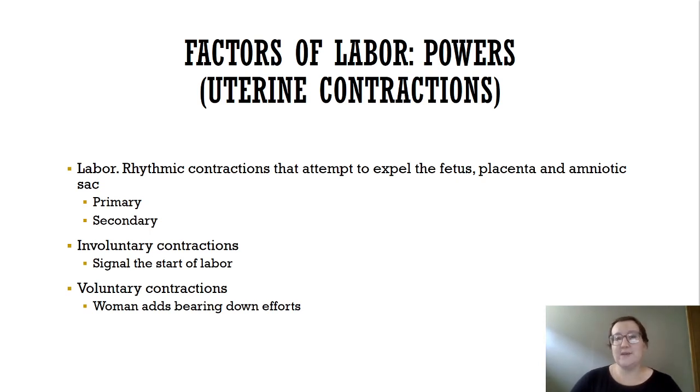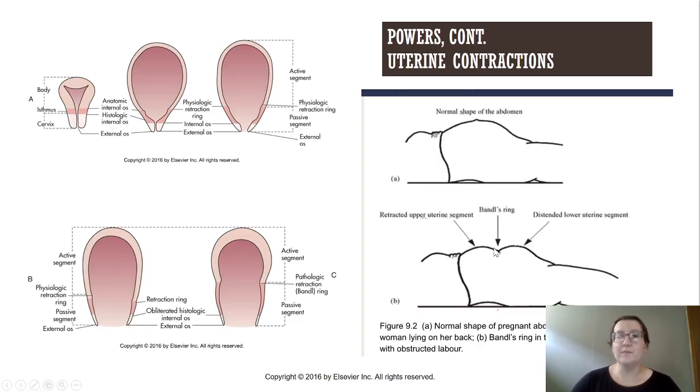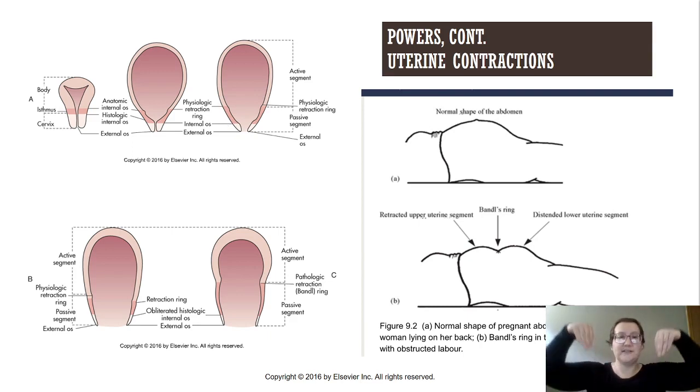During effacement, I'm just going to skip ahead to the next slide here for a moment. What we're looking at is this cervix as it pulls up to the sides. When we talk about a thinning cervix, it pulls up towards the sides. It doesn't actually go anywhere.